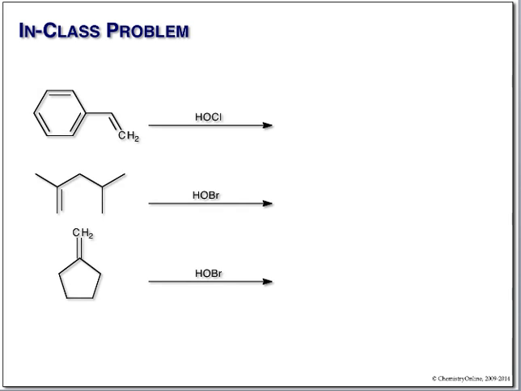We're adding HOCl. The hydroxyl group will bond to the carbon that would give the most stable carbocation. That will be the benzyl. Therefore, the product would look like that. Once again, HOBr, we will add the hydroxyl group to the tertiary carbon, bromine to our primary carbon.